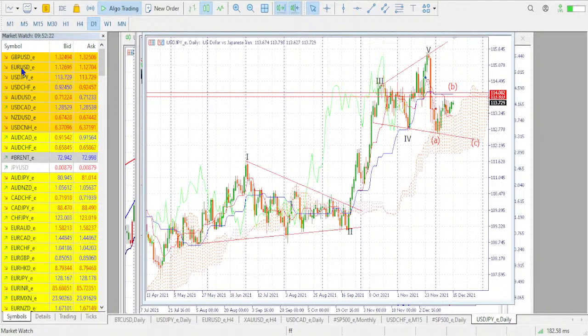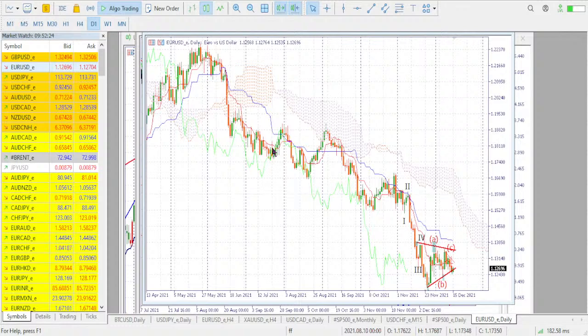Our next symbol is EURUSD. So on this chart, basically, we are in an active downtrend. We expect price to continue to the lower side. The indicator we have is showing us a sell. The cloud is above.